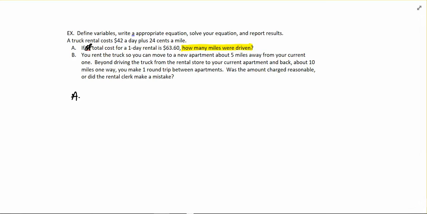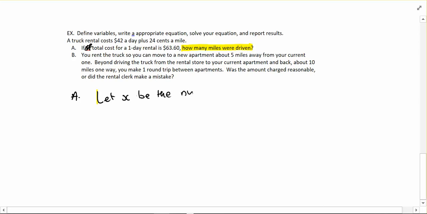So we'll say let x be the number of miles driven. So then, if I drive x miles, how would I get charged? I get charged $42 a day even if I don't drive the thing, and I get charged 24 cents a mile.